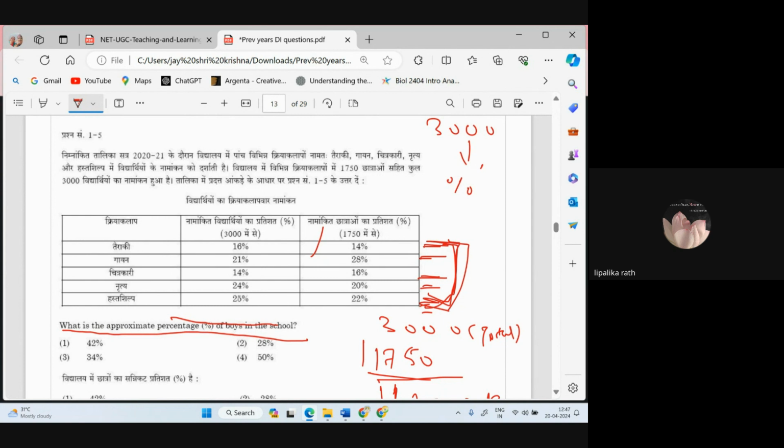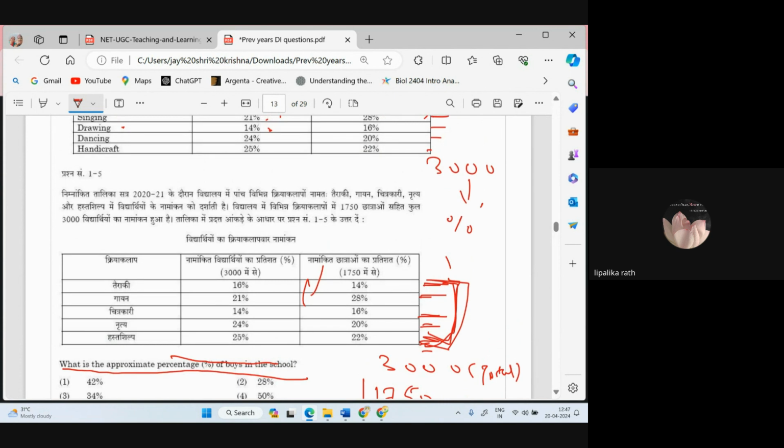Okay, just a minute. If you calculate this first question like this, then we will get all the answers easily. You don't need to calculate the way I am telling you, but you should know that by that you will also get the total number of boys. If you develop this much understanding, you can do any question.